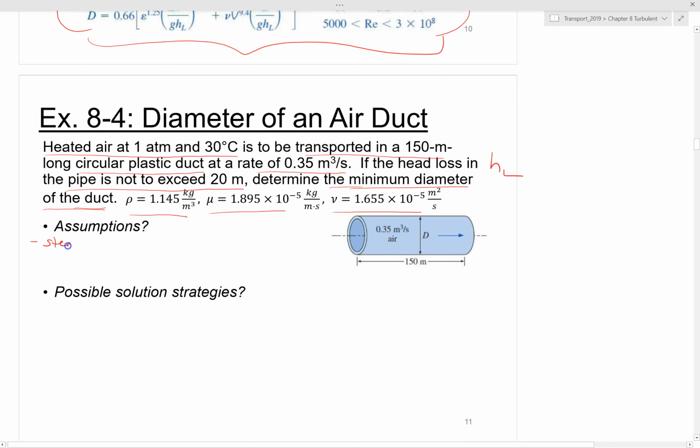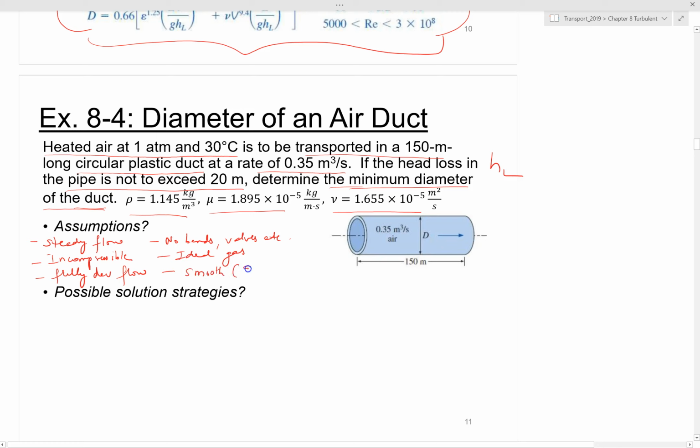Assumptions are steady flow, incompressible, fully developed flow, no bends, valves, etc. It is an ideal gas.